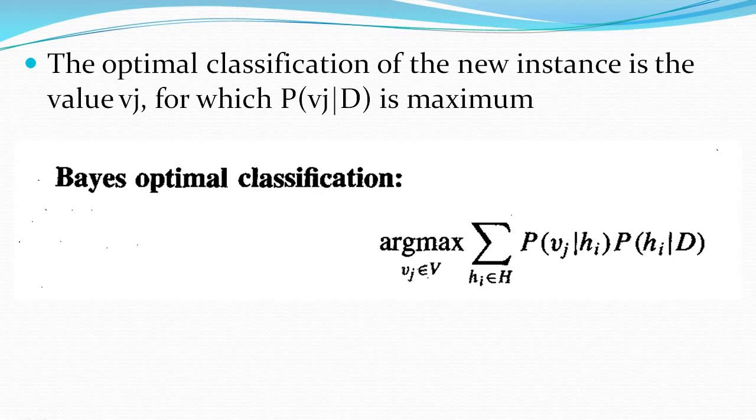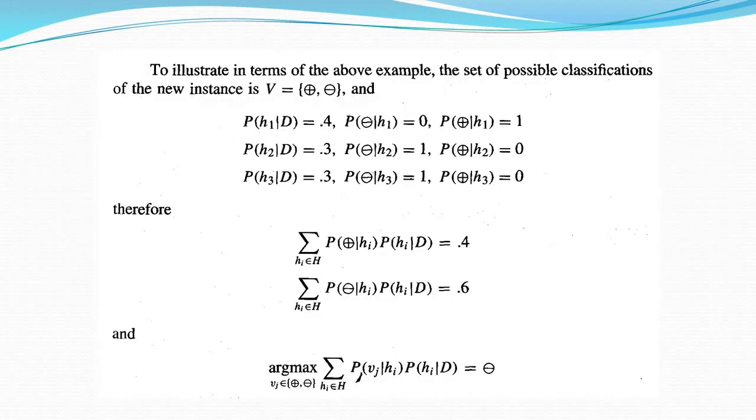To understand this, we continue with our example. We took three hypotheses and three probabilities. Positive and negative values are represented with the symbols plus and minus: minus to represent negative, plus to represent positive. The probability of H1 given the training data is 0.4, H2 is 0.3, H3 is 0.3.